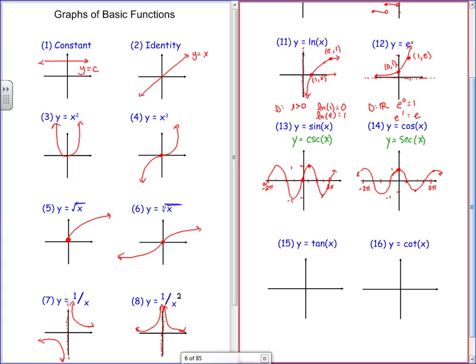Vertical asymptotes are when the bottom is 0, so you could say when 1 over sine, when sine is 0, and sine is 0 at the intercepts. So every time sine is 0, put cosecant on the sine graph just because it's so much easier that way. So vertical asymptotes at pi and 2 pi for cosecant.